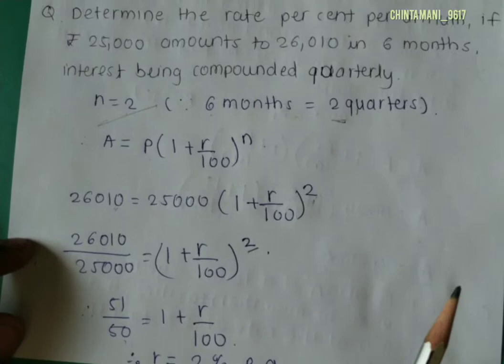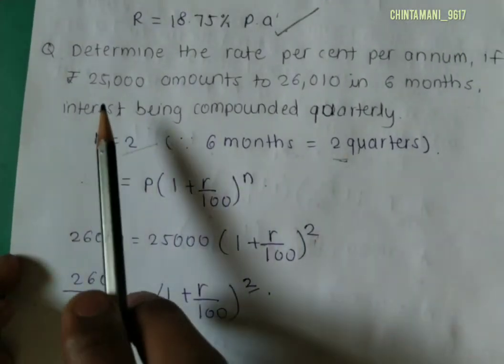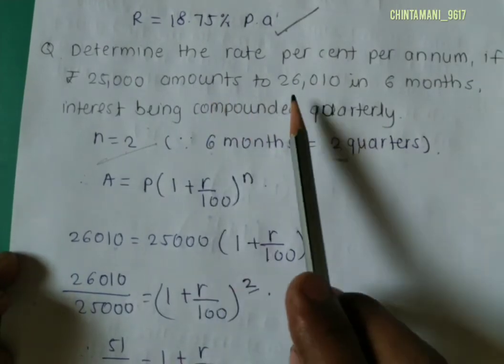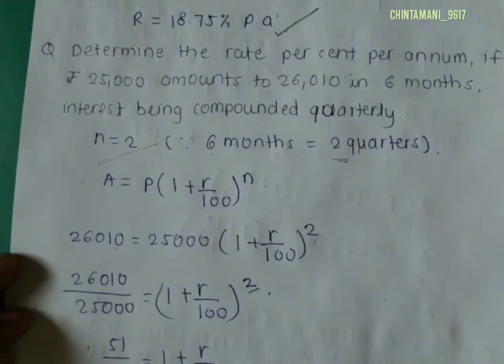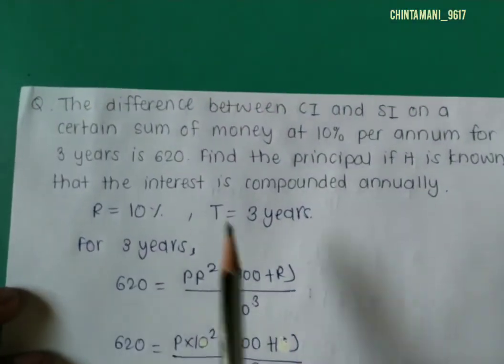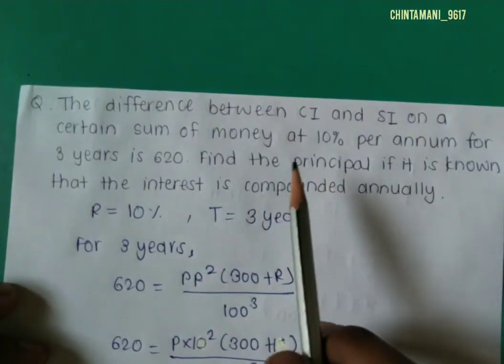The rate percent per annum for converting 25,000 to 26,010 rupees in 6 months is 2% per annum.